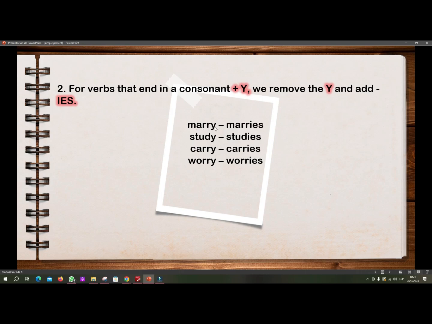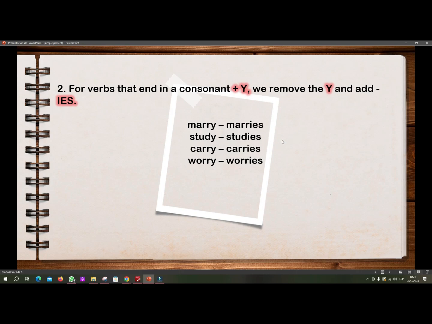Tenemos consonant Y. So we're going to change this Y for I and add ES. Mary, marries. Study, studies. Carry, carries. Worry, worries. Entonces, cuando tengamos una consonante antes de la Y, vamos a cambiar esa Y por I y le agregamos ES. Okay, so Mary, marries.